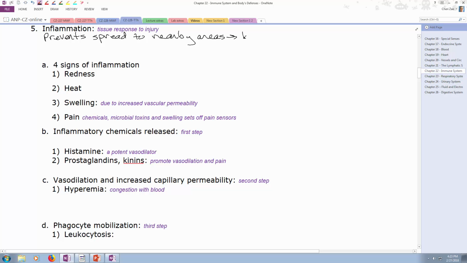In other words, it's trying to keep things localized. It will help to set the stage for actual repair. And it will help dispose of debris and pathogens.